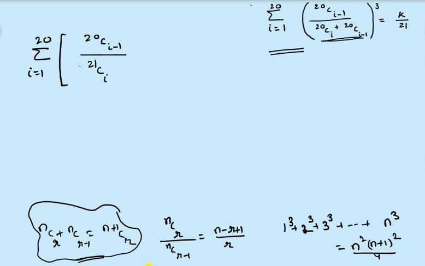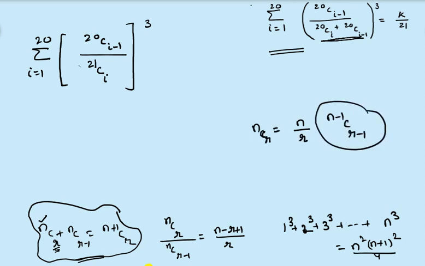Yes or no? NCR plus NCR minus 1, we can write n plus 1 CR, whole cube. As I discussed in the beginning of the class, NCR can be written as n by r into n minus 1 C r minus 1.